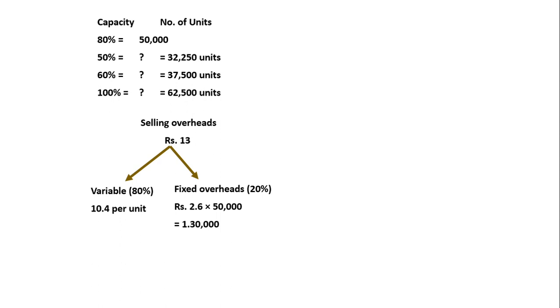Why do we have to multiply by 50,000? Because the data is for 80% capacity. So we have to consider at that level how many units the company can produce. Keep in mind only this point.